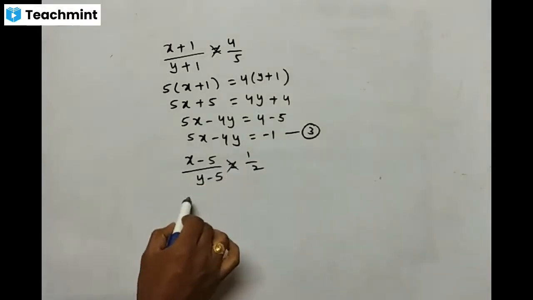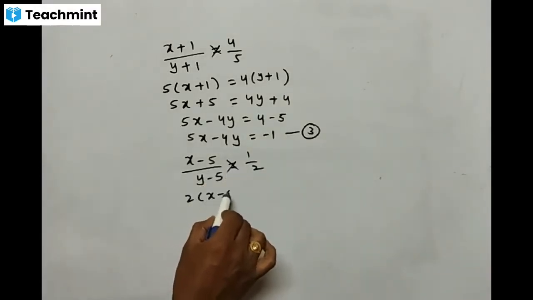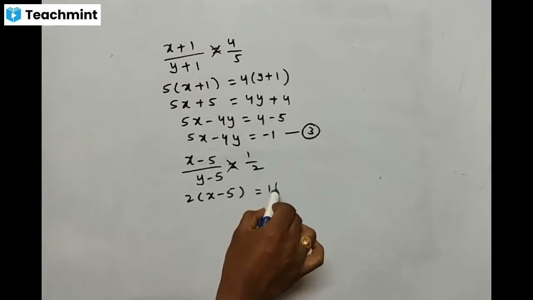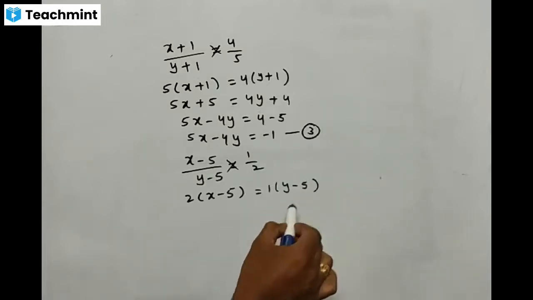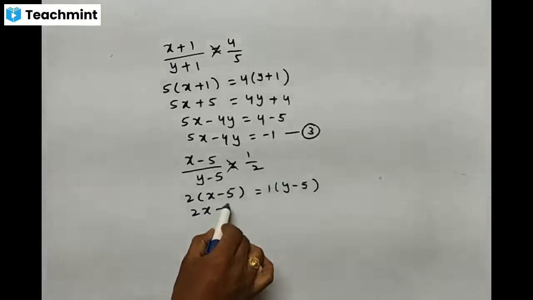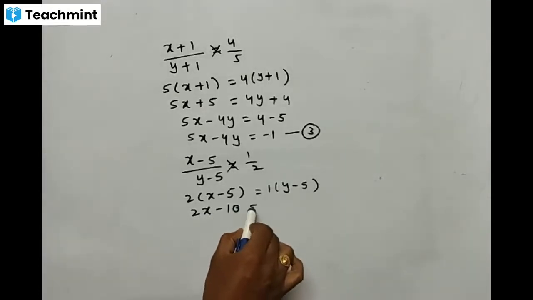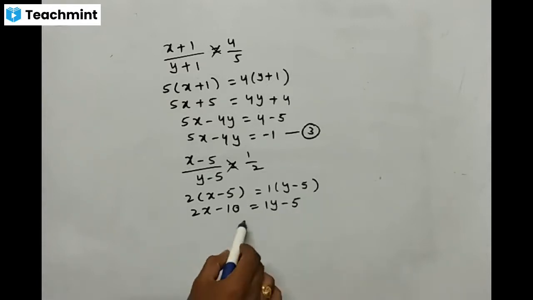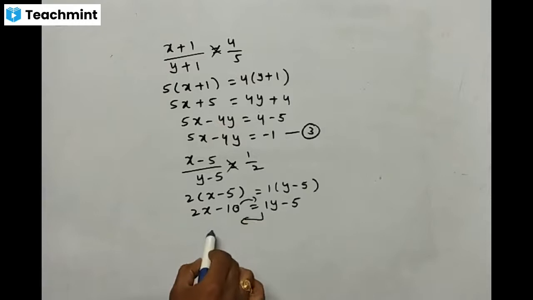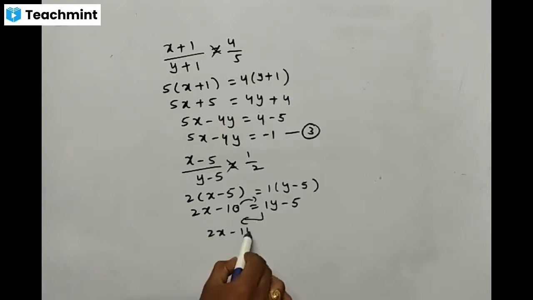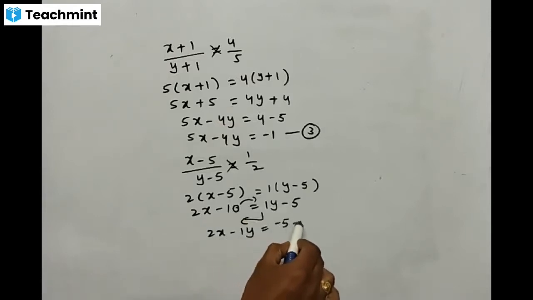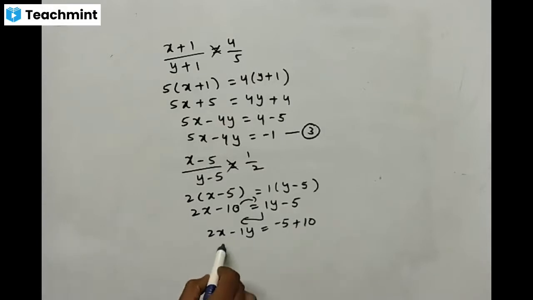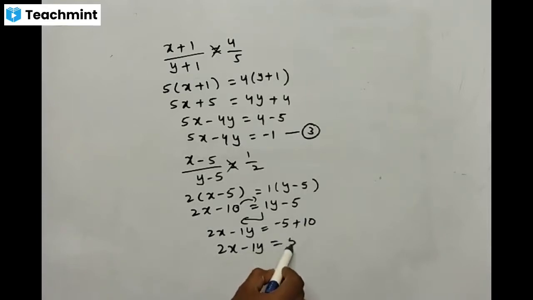Again, you do cross multiplication. This is +5. This is equation number 4.